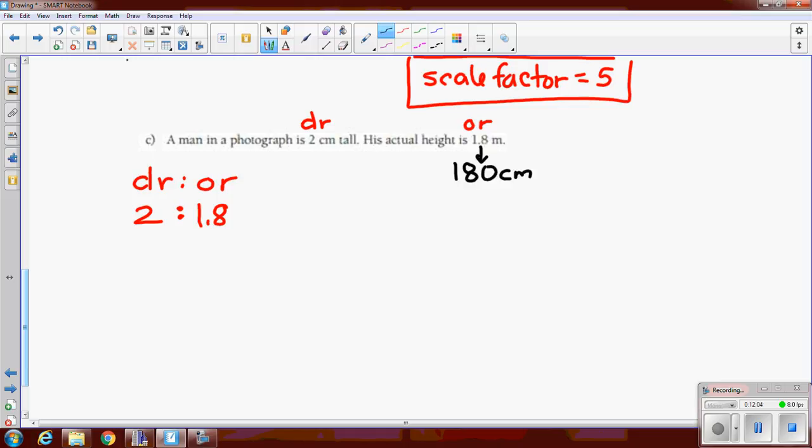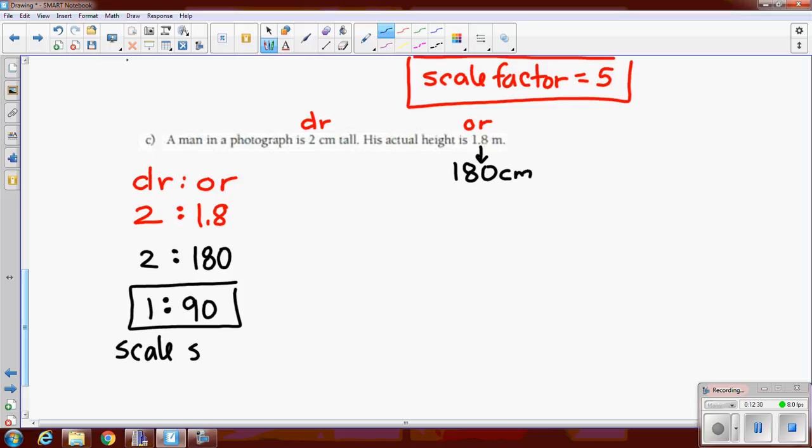So another scale statement I could say, if I needed that as a ratio, is 2 centimeters on my drawing is actually 180 centimeters in real life. And both of these, if I reduce to lowest terms, to 1 to 90, this is my scale statement.